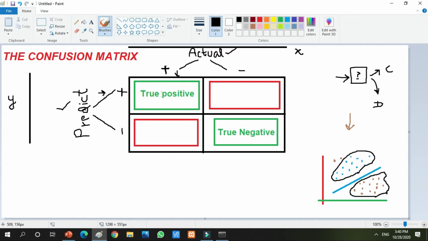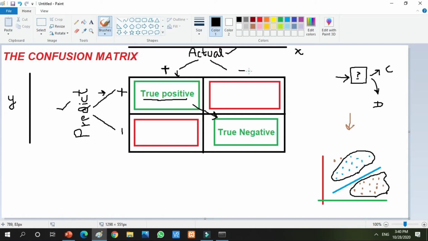So true positive means the picture you are inputting is the dog and the model has predicted it as a dog. So the first row and the first column intersect at a point which is this, it is true positive. Now I am moving towards this.